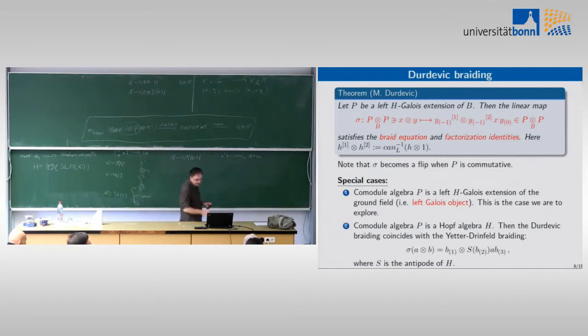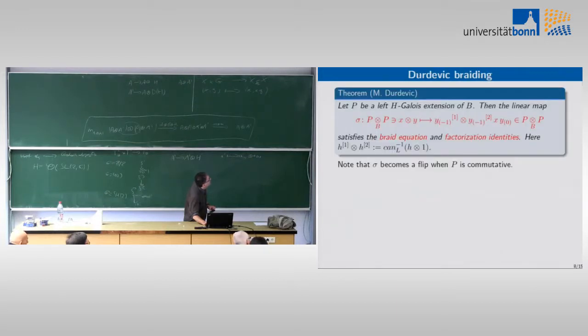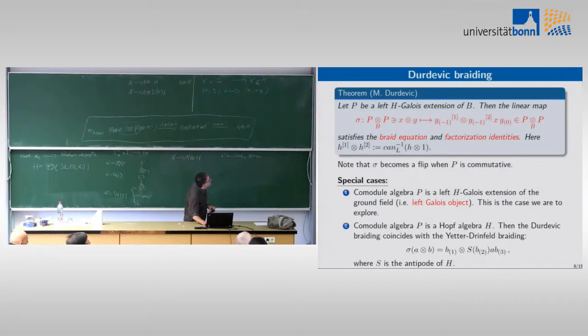Did I define the Galois object? My goodness, I gave you a feeling, but did I define it? Okay, if you want, it's defined over here. But it's very important to stress it. I say that P is an H-Galois object if and only if this is an H-Galois extension of a ground field.